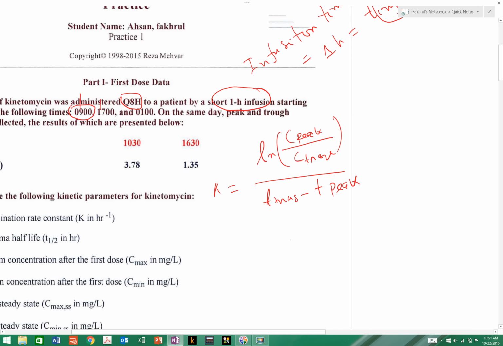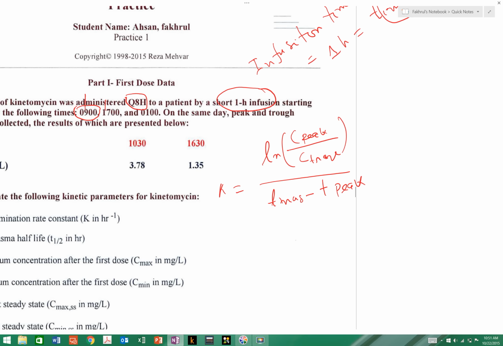We already know. So another thing, first you have to do, identify which one is peak sample and trough sample. This is trough sample, this is peak sample. So always first thing, you identify time, dosing interval, which is peak sample, which is trough sample.